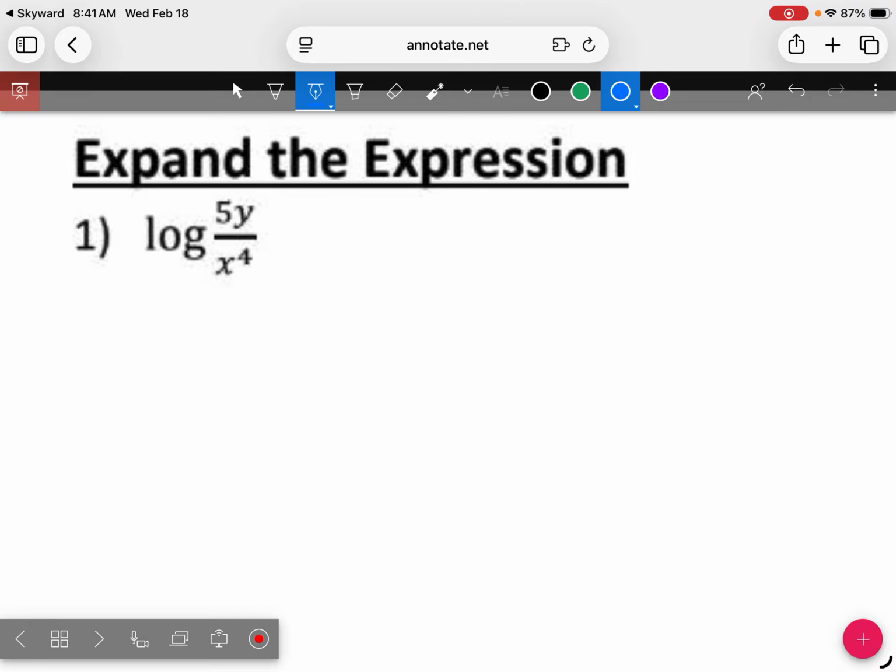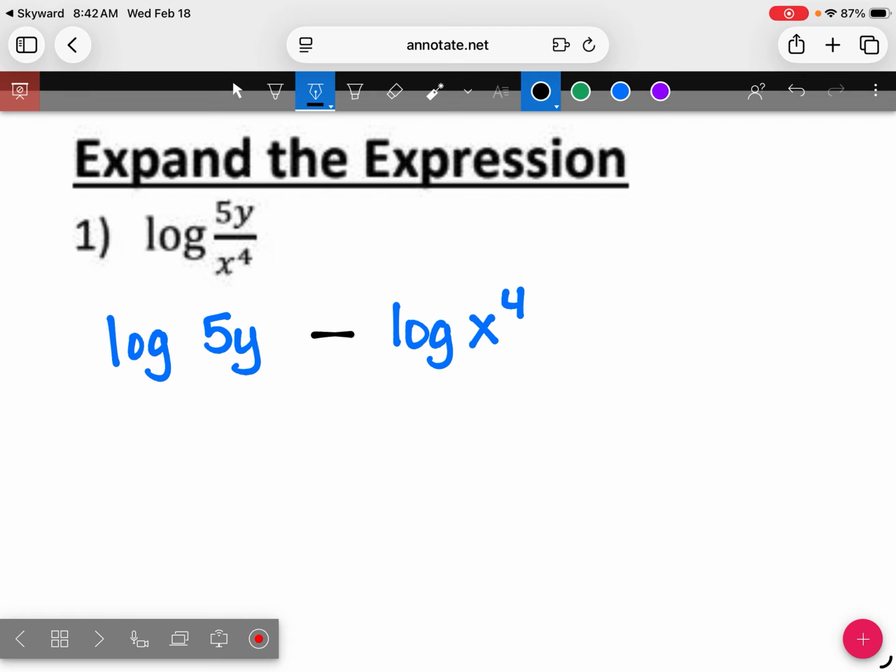So I'm going to separate it with subtraction. What I'm going to write is log 5y and log x to the 4th, and in between, I'm putting a subtraction. So the numerator got a log and the denominator got a log.